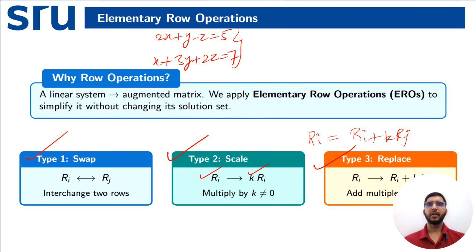This operation is extremely useful for eliminating elements below and above pivots. These three operations form the foundation of Gaussian elimination, which we will see later on. Using them, we can transform matrices step by step until they reach row echelon form. That is the main point here.